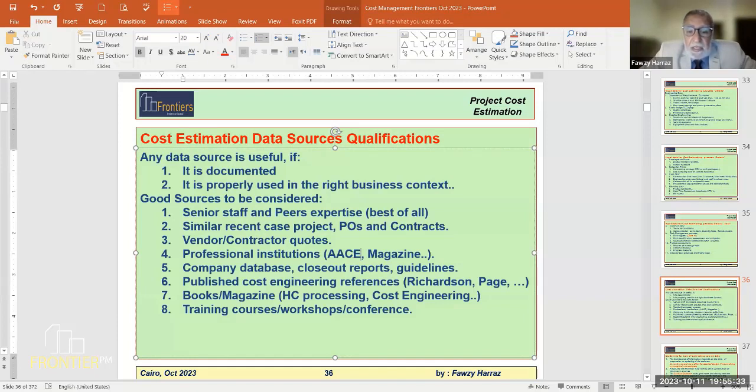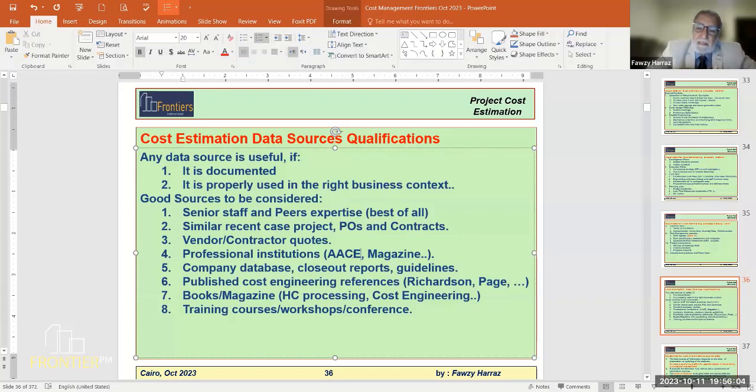Published cost engineering references. There are some books actually, such as Richardson cost estimation, Page cost estimation. Page is not the page of a book. There's one man called Page, and he developed a very big reference book, maybe 10 volumes, giving details on electrical estimation, structural estimation, civil, equipment, welding, and all these things.